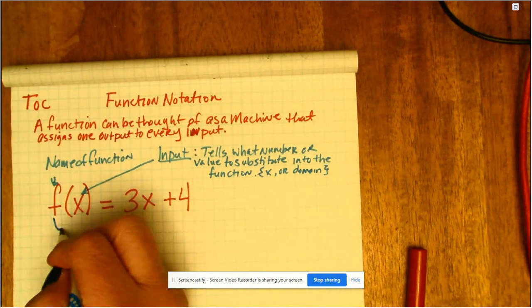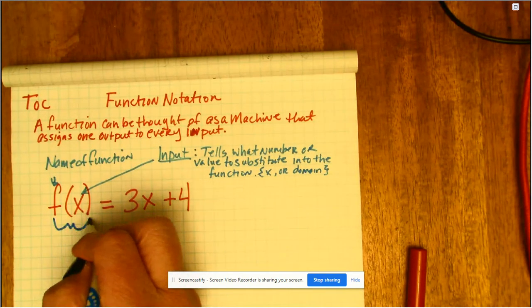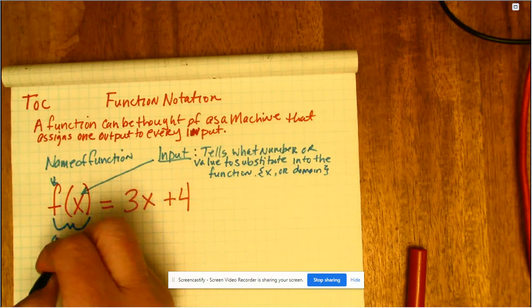Then down below, this whole piece together is the output.